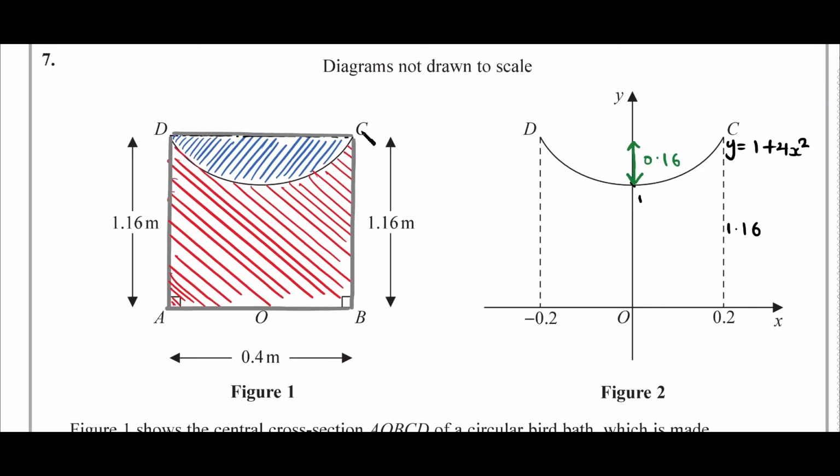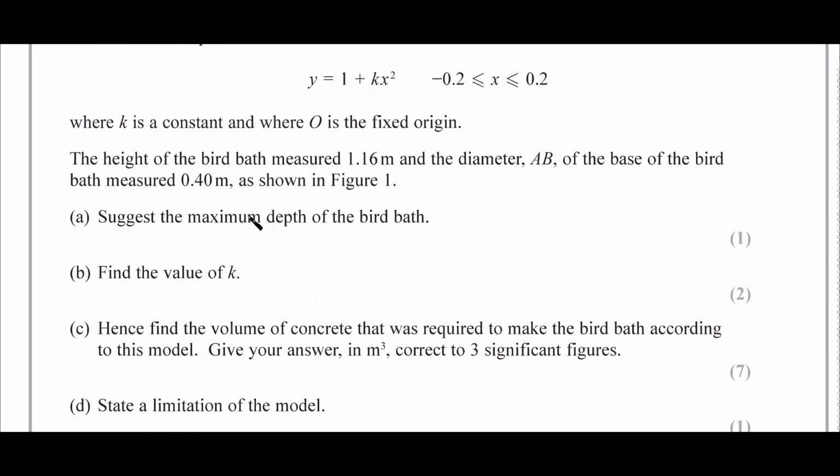If we subtract the volume of this bowl bit from the volume of the cylinder, we can then find the red bit. The blue bit is found using volume of revolution.